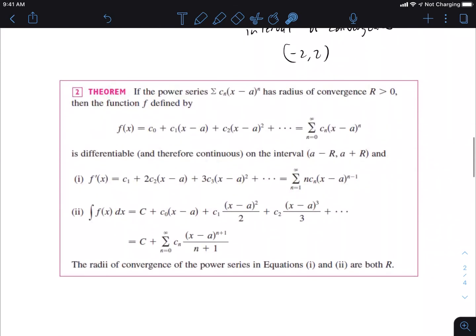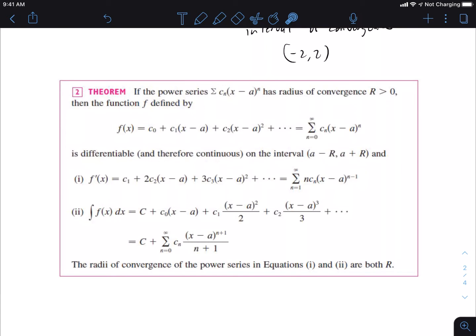Now, there is going to be some calculus, right? We needed to do some calculus, and here's what's going to happen with that. So the power series, when it has a radius of convergence that's bigger than 0, if we're given this as our power series, it's going to be differentiable on that interval, from the center of the power series plus or minus the radius of convergence, because we want to be convergent.